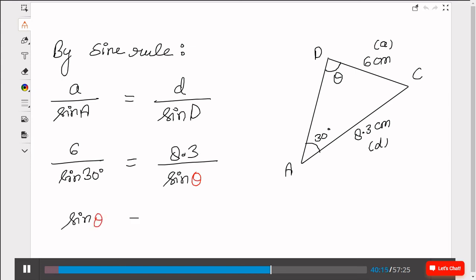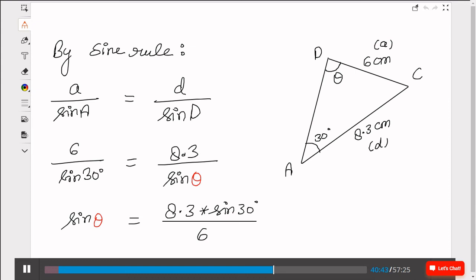Now we use the calculator to get that. We get 0.69166666 like this. 0.691666 recurring, so let's say 0.692. And the last thing you need to do is to bring sine to the other side.